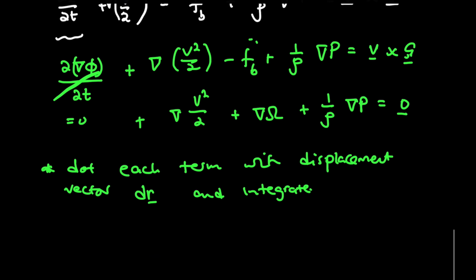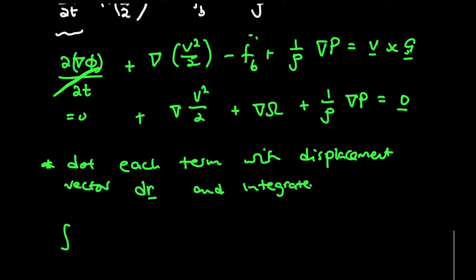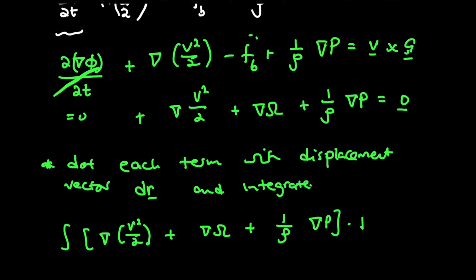So let us do that right here. Then we've got del of v squared over 2, plus this guy over here, plus 1 over the density del p. So we're going to dot this with dr, and the cross term is going to equal 0 now because we are dotting two vectors.